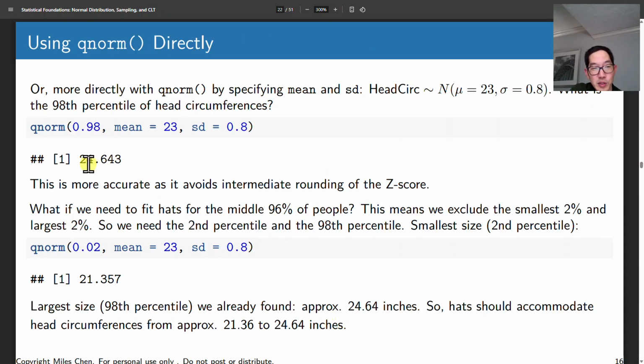If the 98th percentile is 1.643 inches above the mean of 23, I could have also gone 1.643 inches below the mean of 23, and I would have also gotten 21.357. So the largest size is going to be 24.64, and the smallest 2% will be at 21.357. So if you want the middle 96%, you'll go from around 21.36 to 24.64.